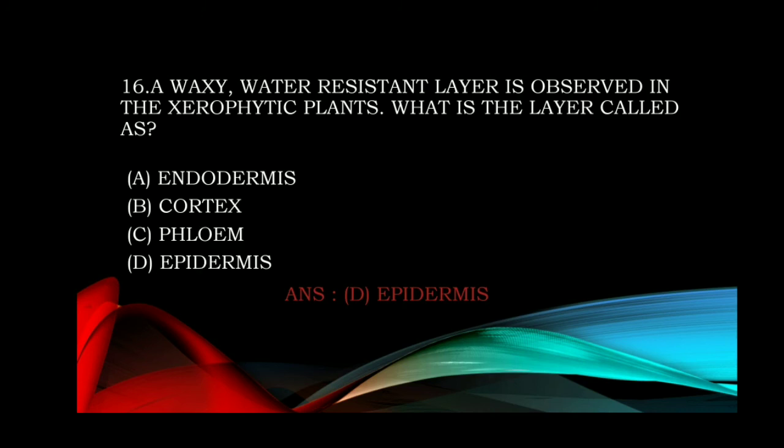There will be a single layered outer layer of cells, that is epidermis, which is seen in the xerophytic plants. And we know that below the epidermis we can see the endodermis and cortex. Okay, so phloem is also seen inside the tissue. So the outermost layer of a plant is called epidermis. So the correct option is option D, epidermis.